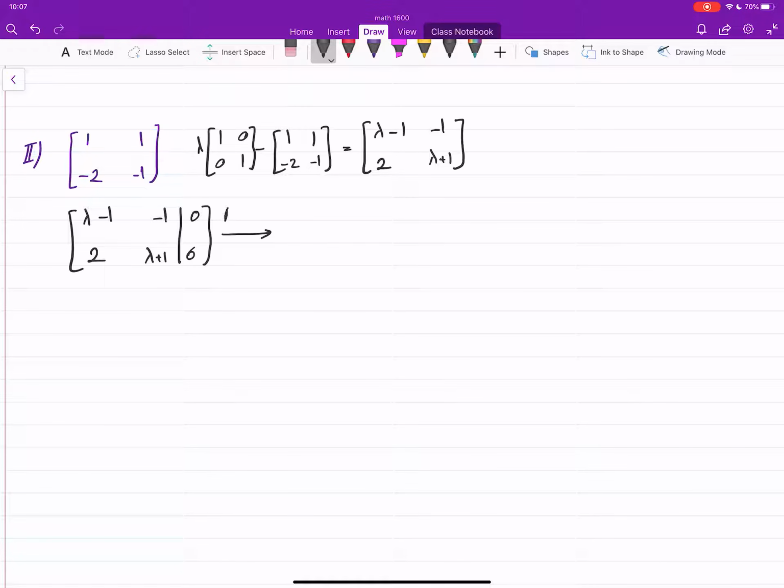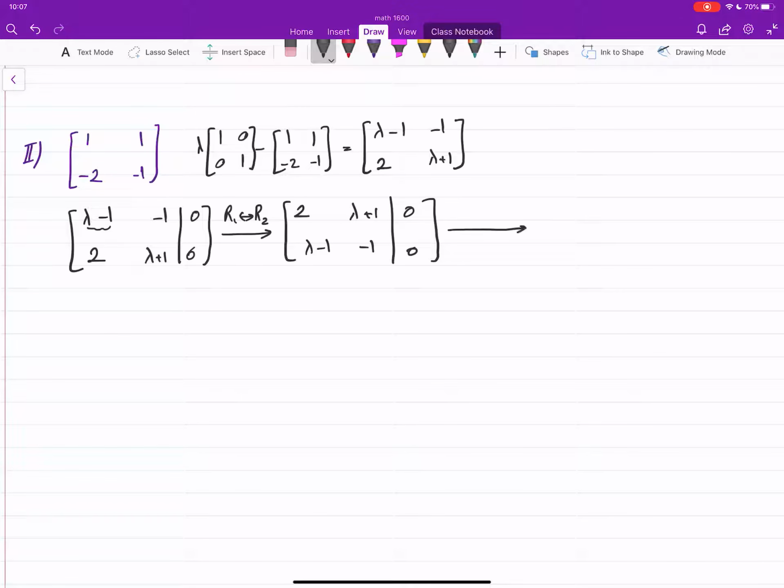So first thing, again, lambda row 1, row 2, you switch them. Well, this is my way of doing it. You may have different ways, but you have to be careful. I'm not assuming anything, so I'm not assuming that lambda minus 1 is 0 or not. This is a negative 1.